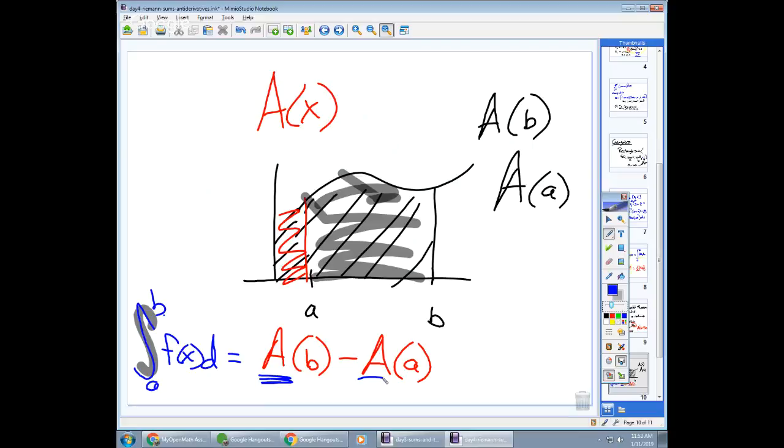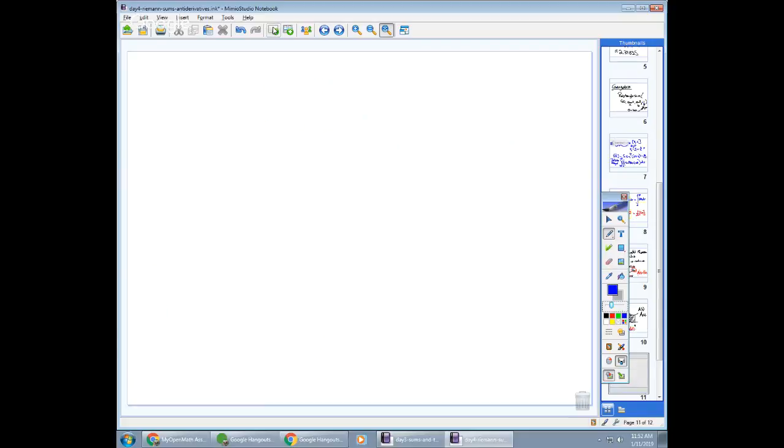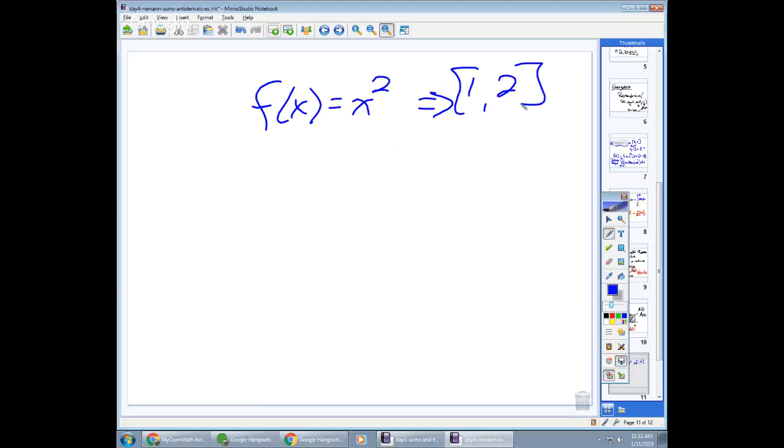Quick, sorry, I know I'm keeping you over time, but check this out. A minute ago, we had f of x equals x squared from 1 to 2. What's an antiderivative for x squared? 1/3 x cubed.